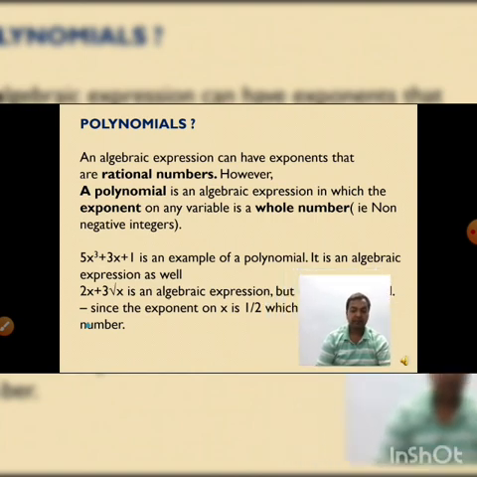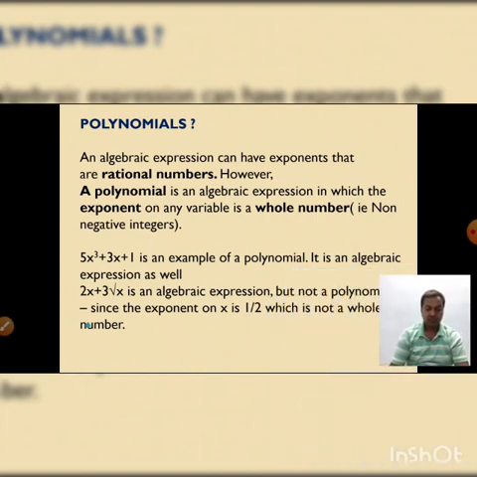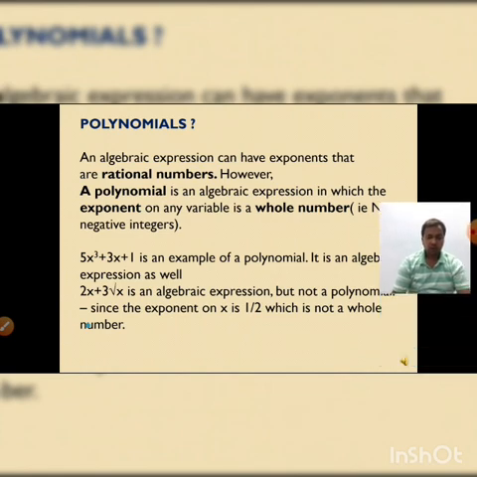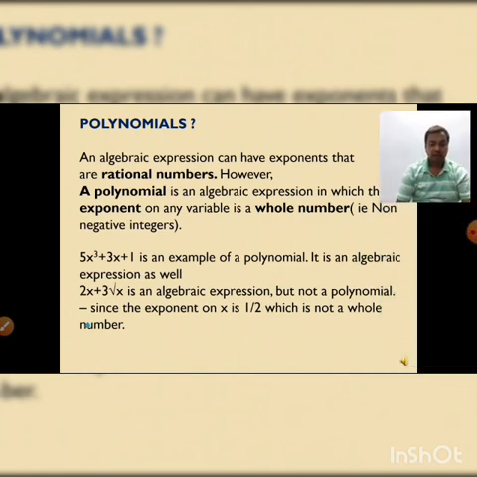That means non-negative integers. We can say a polynomial is also an algebraic expression in which the power or exponent of the variable is a whole number. But in an algebraic expression, the power or exponent of the variable is a rational number.